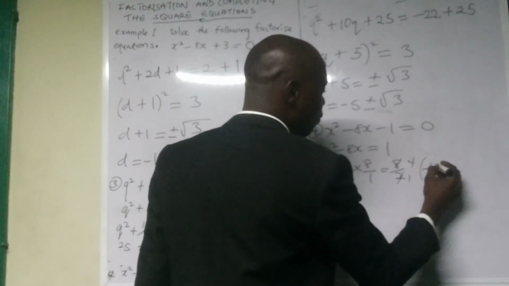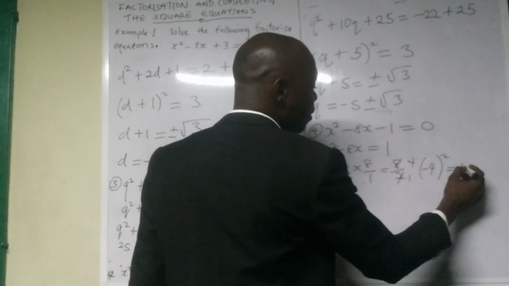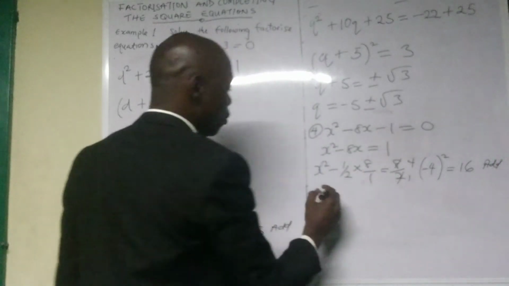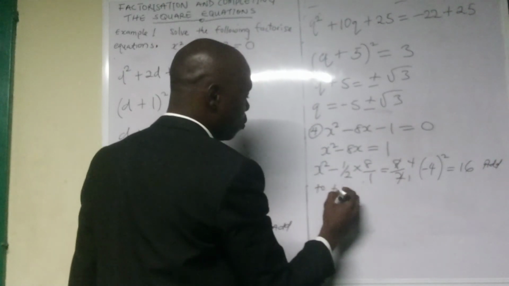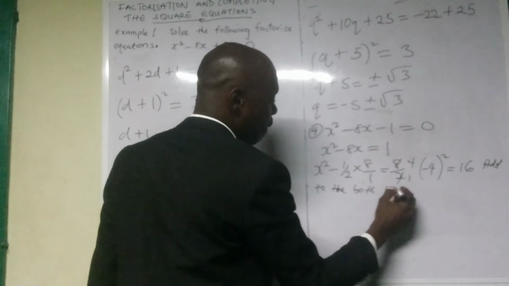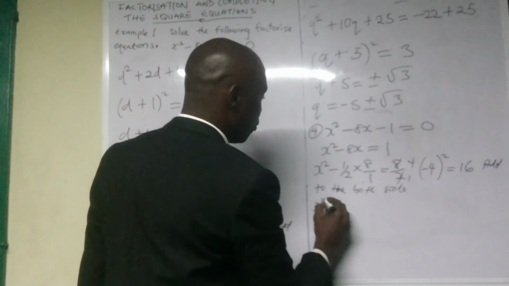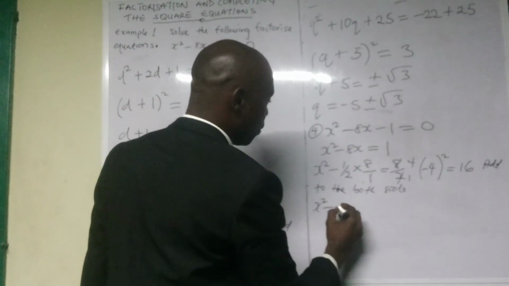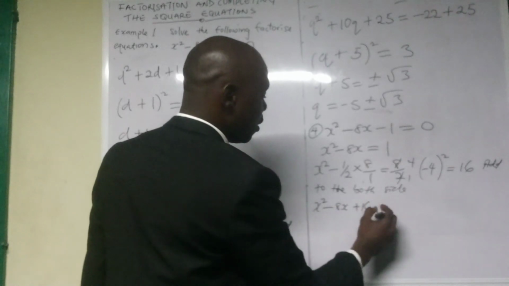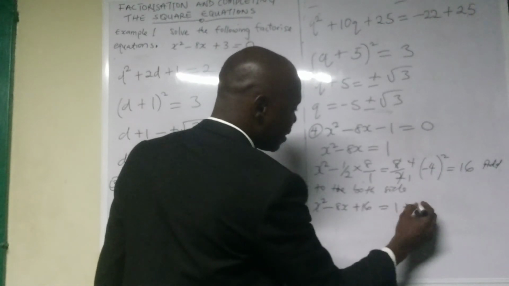So minus 4 raised to power 2. So 4 times 4 equals positive 16. So we add 16 to both sides. So we pick the equation, x squared minus 8x plus 16 equals 1 plus 16.